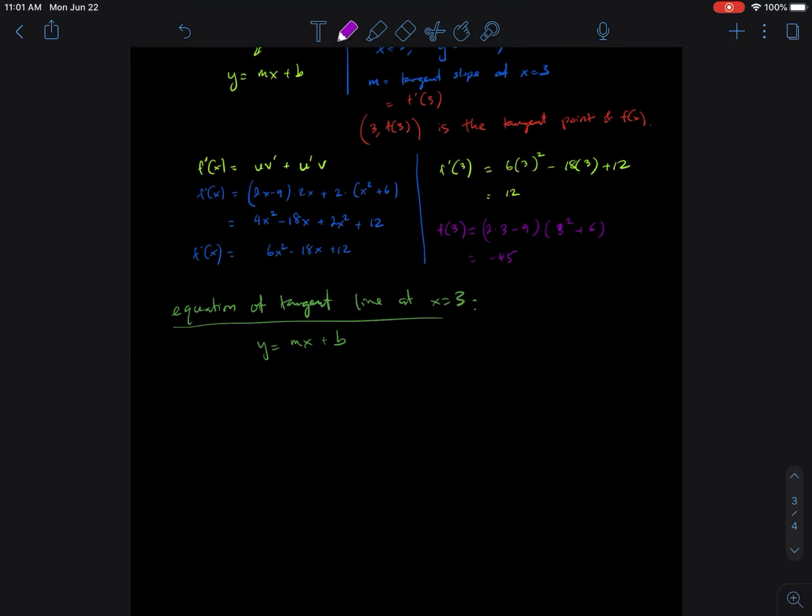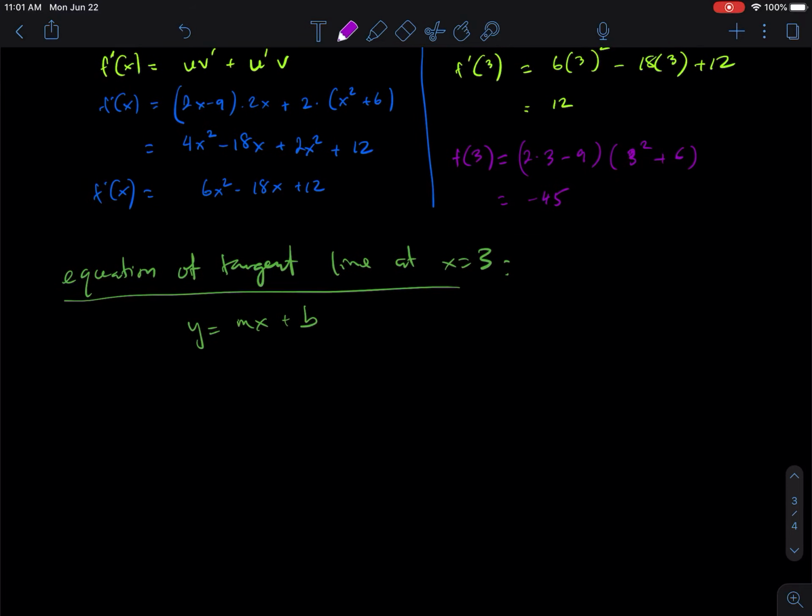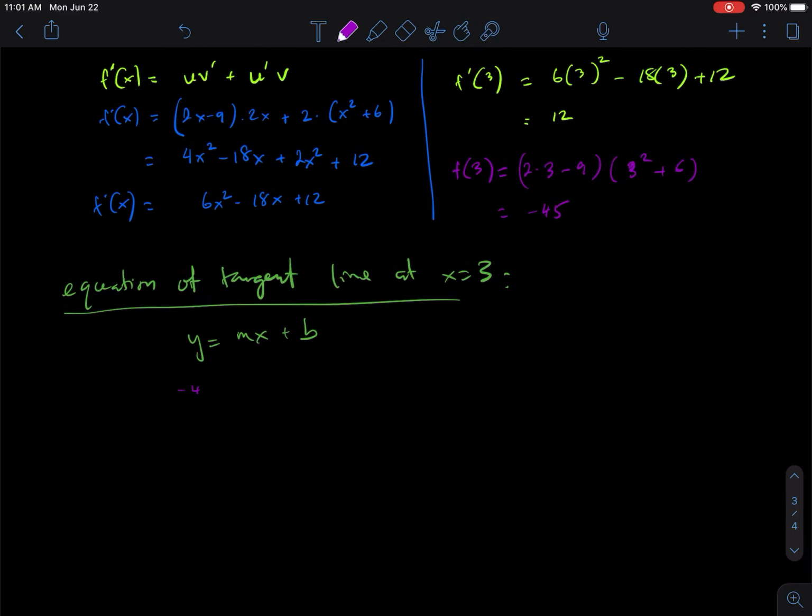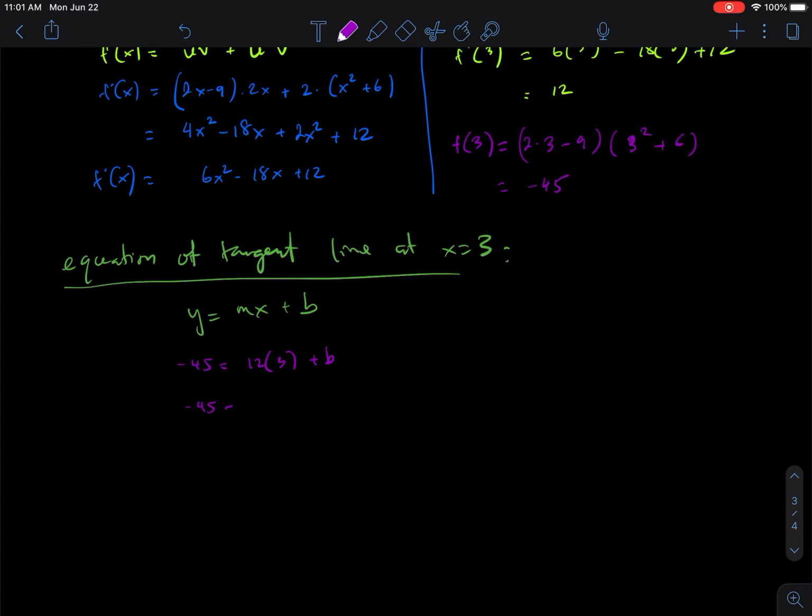Let's plug everything in. y is now negative 45, m is 12, x is 3, plus b, so negative 45 minus 36 is equal to b. b is negative 81. So therefore our equation is y equal to 12x minus 81. That's the tangent equation.